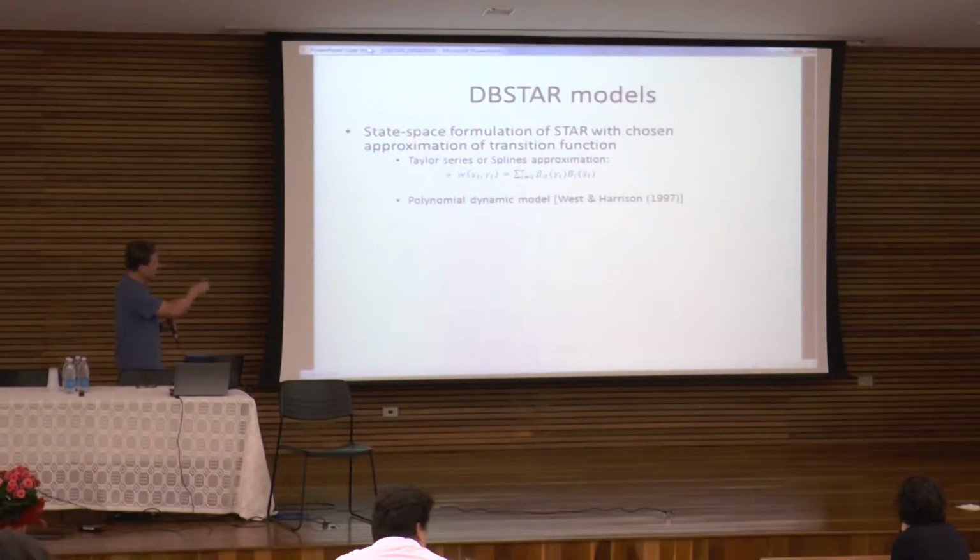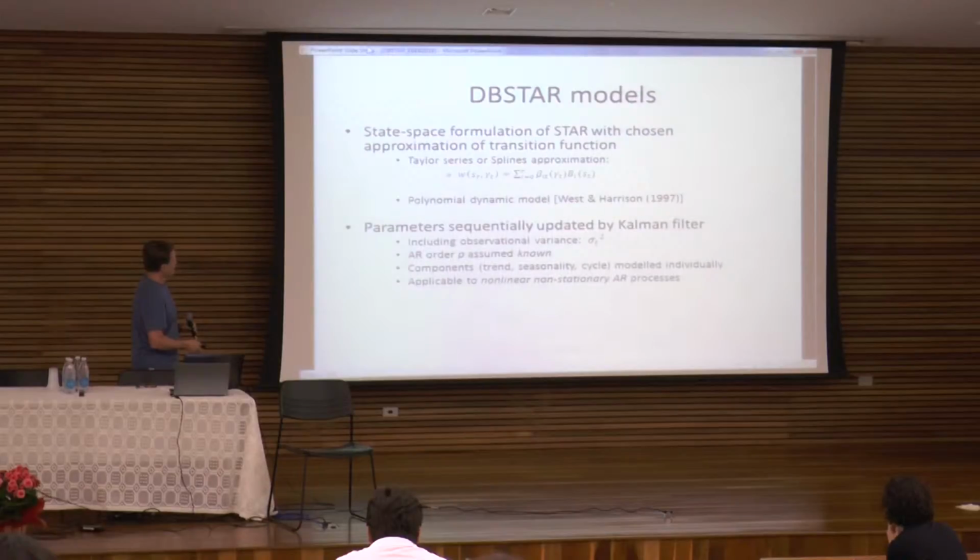The approximation in the dynamic Bayesian STAR models is at the modeling stage, while in the STAR it is at the estimation stage. They are transformed into a polynomial dynamic linear model of West and Harrison, and the parameters are sequentially updated by the Kalman filter in the usual way, including the observational variance, which can now change in time.